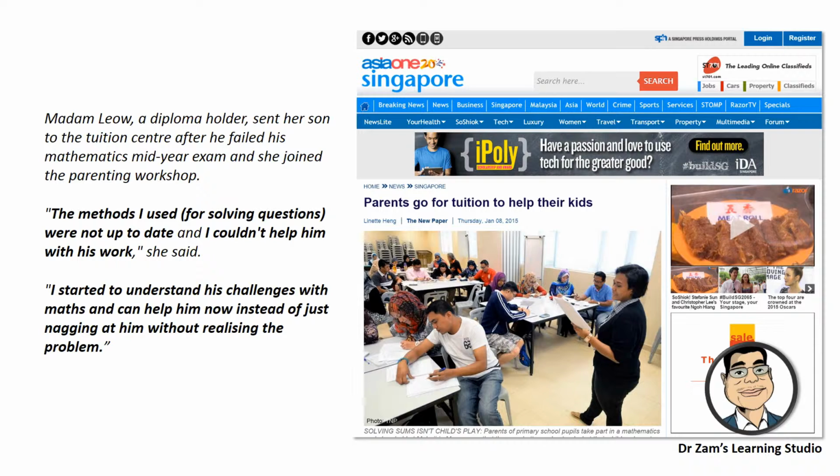So the truth is, MOE has changed the primary math syllabus since 2006. This change in the PSLE mathematics is actually very crucial and very significant. That is the reason why many parents could not cope in even helping their own children.